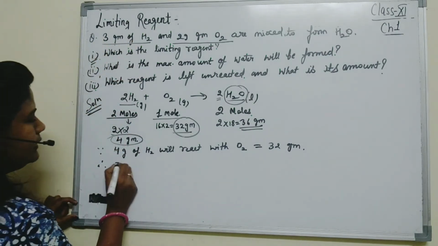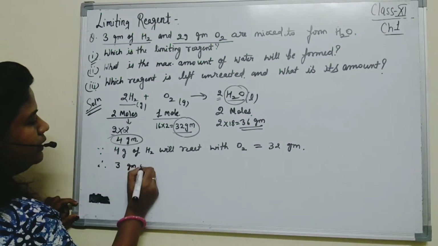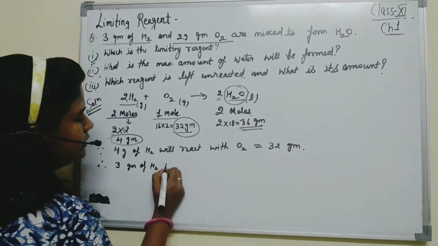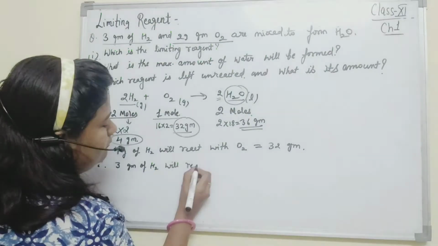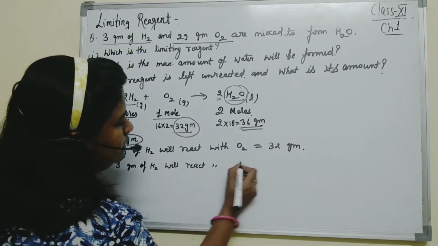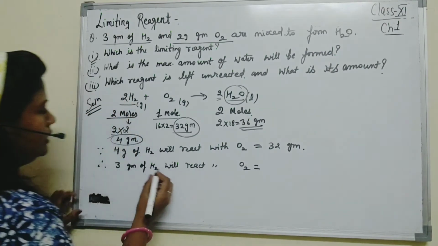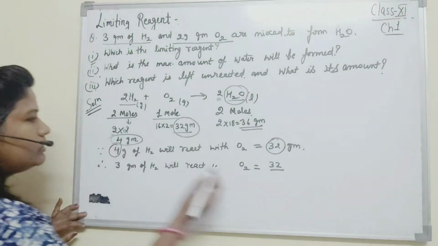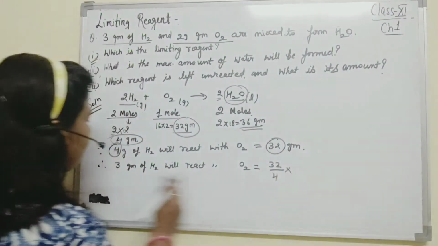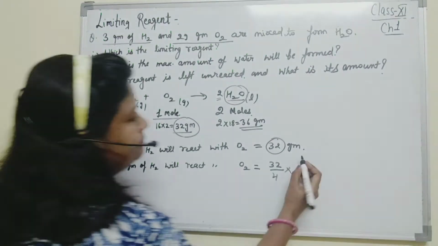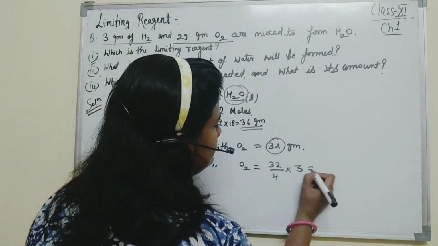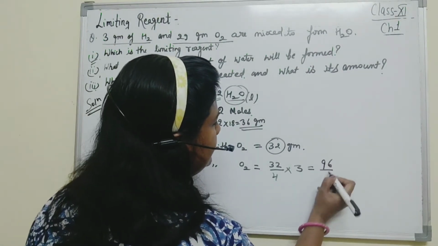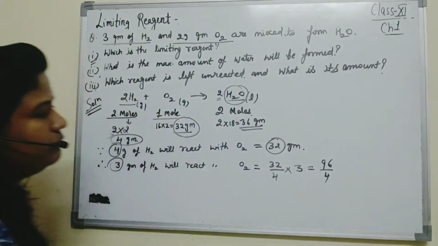So we will write here 3 gram of hydrogen will react with O2 equal to 32 divided by 4 multiplied by 3. It means 96 by 4.